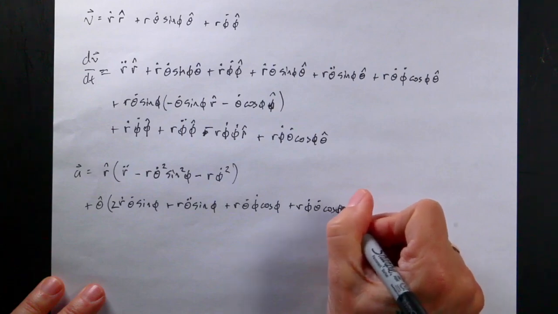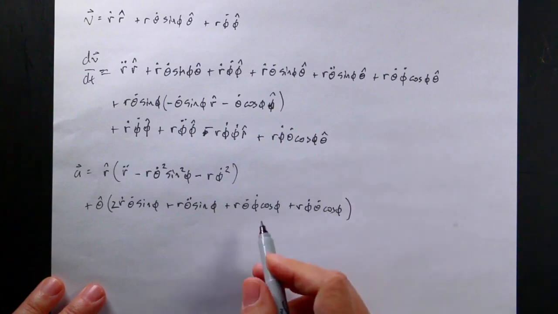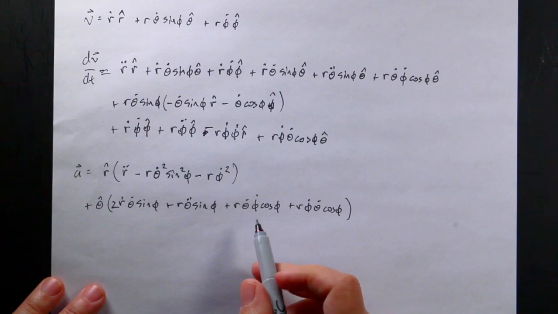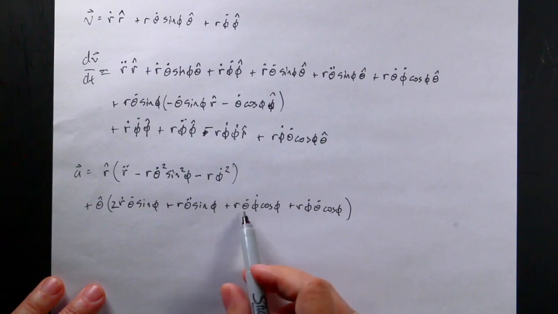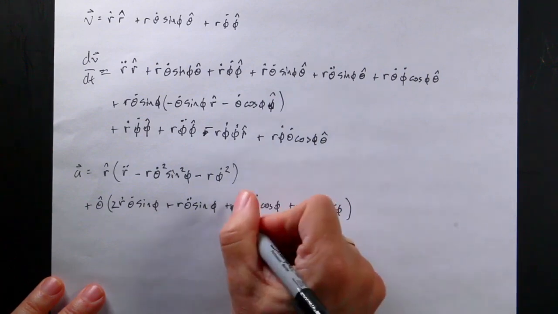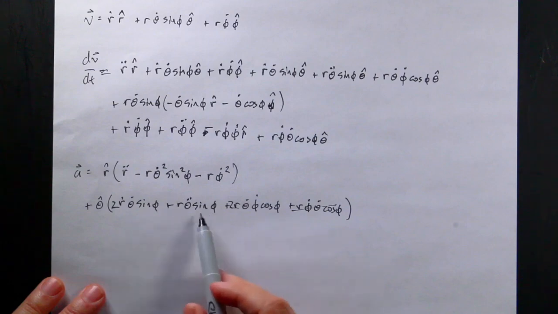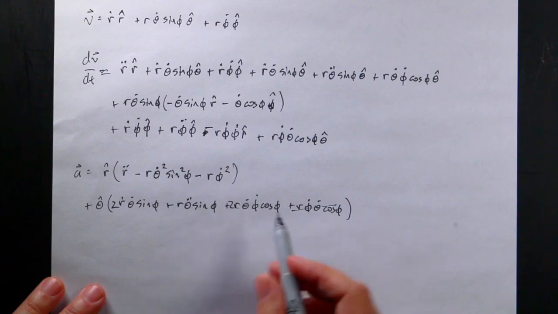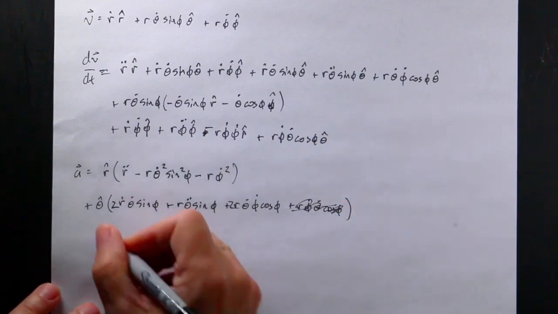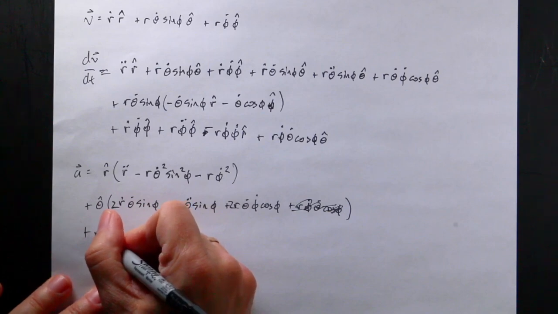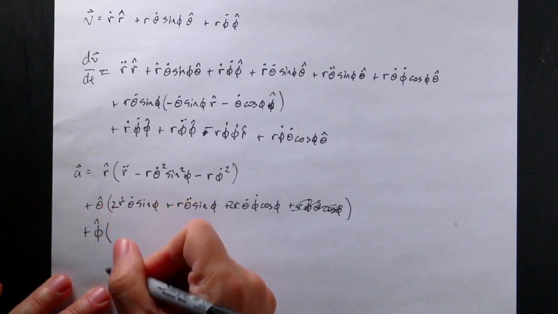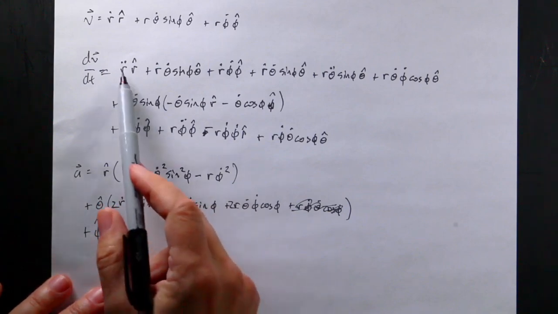Is that right? Yeah. This and this are the same, so I'll just put 2 of them. I'm just checking. I think that's right. R double dot, wait. R is, that's right. Okay, that's that one. And then plus the phi hat terms. So the phi hat terms, I'm going to go through.